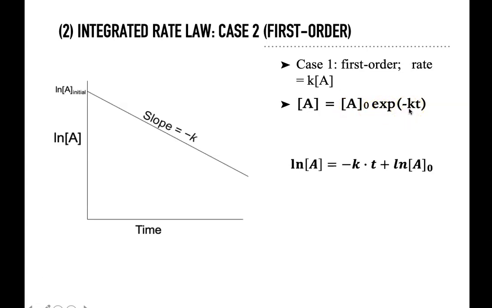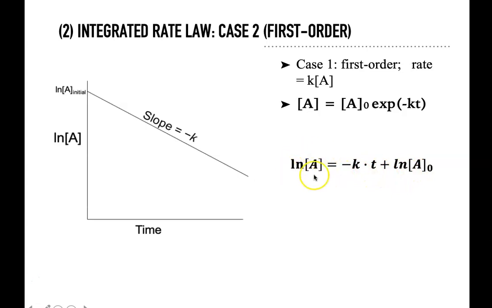We always want to put this into a linear form. Because we have an exponential here, let's take the natural log of both sides. Then this is transformed into natural log of A equals negative kt plus natural log of the initial concentration, which is y equals mx plus b form.